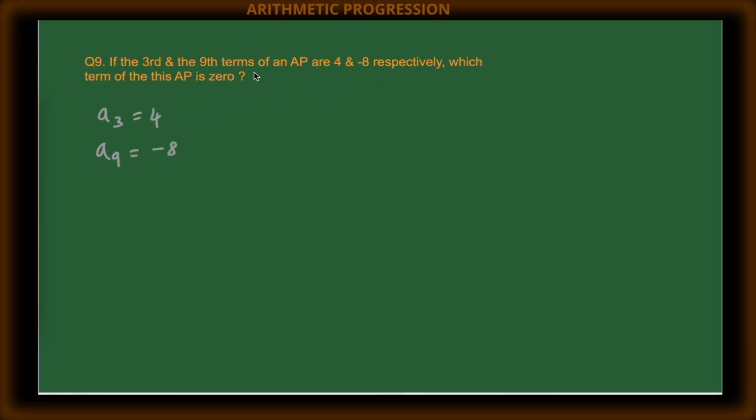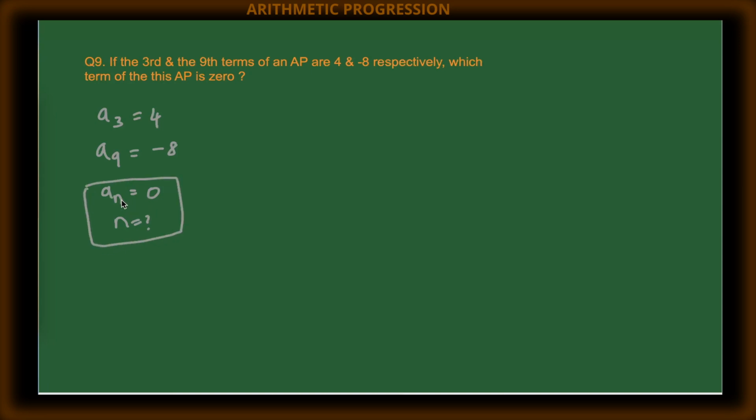So this is the given data. We need to find at what position there is a term which is 0.